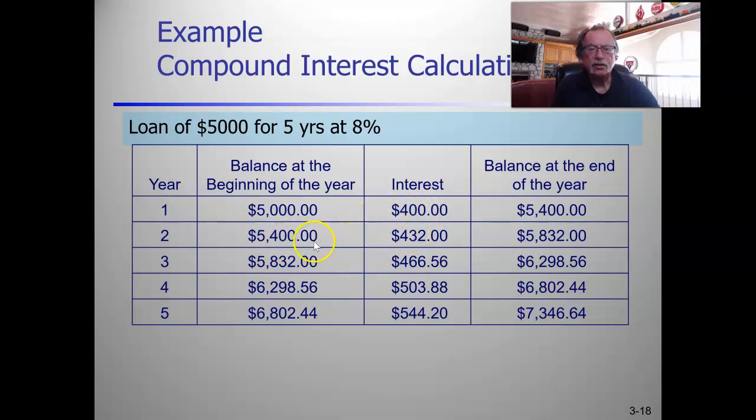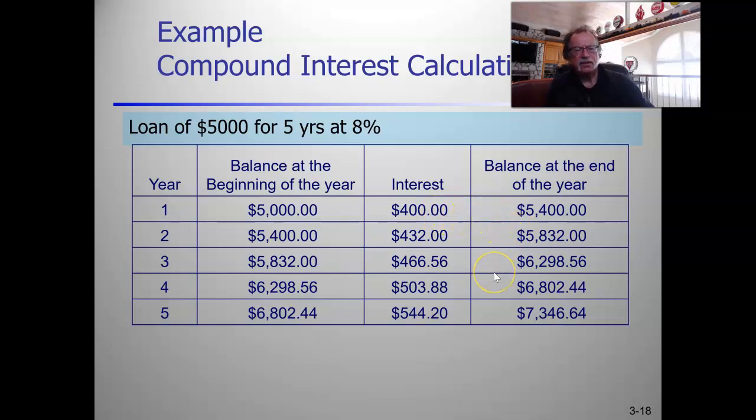And at the end of the third year, we owe interest of $466, which is interest on the balance at the beginning of this third year. So you can see that this balance grows, and it grows by more than $400 because we're paying interest on the interest.